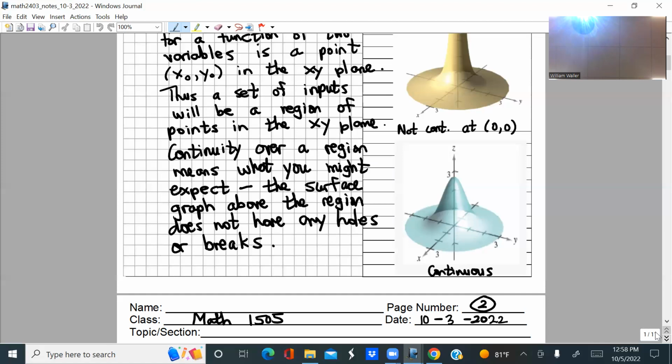Now, the same sort of question you want to answer in 3 dimensions. We want to know, is the surface going up or is the surface going down?